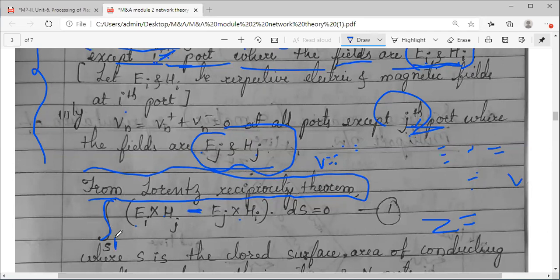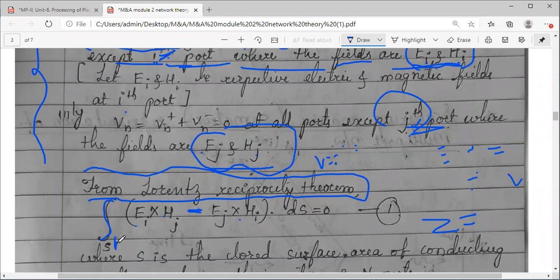What S indicates is the surface integral. Why does area come into the picture here? Because whenever electromagnetic waves travel, propagation takes place in the transmission line. Transmission lines obviously will have a certain boundary, right? If I consider a coaxial cable, open wire lines or a waveguide, each will have a boundary.